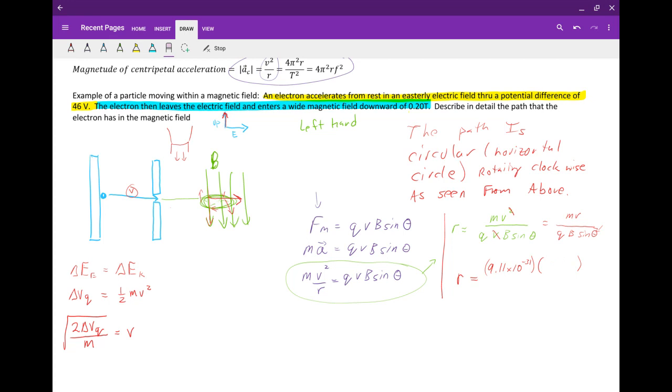And then I'm going to divide it by the charge, which is 1.67 times 10 to the negative 19, if I remember correctly, times the field strength of the magnetic field, which is 0.2 Teslas. T stands for Teslas, the unit given to magnetic fields.